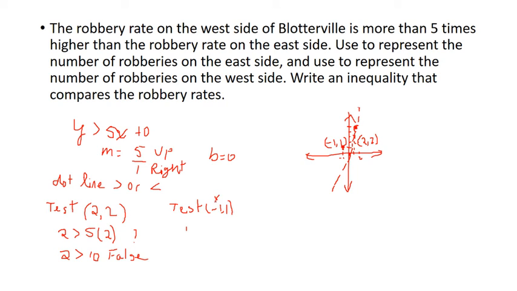This is my x, this is my y. Is 1 greater than 5 times negative 1? Because my x is negative 1. So 1 is greater than negative 5. This is going to be a true statement. Therefore, I have to shade this part right here. So any point that I pick from this shaded region is going to be a solution to my inequality.